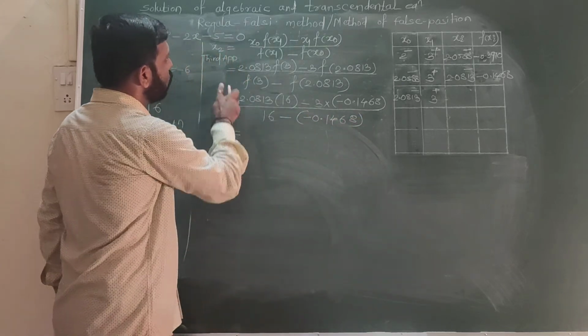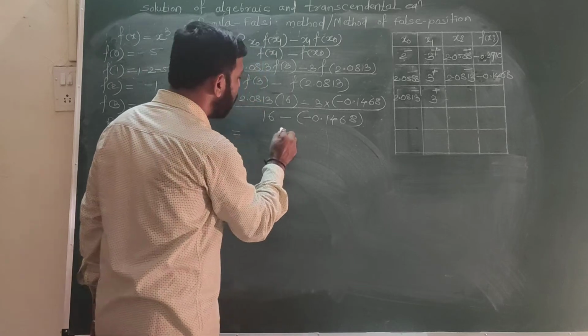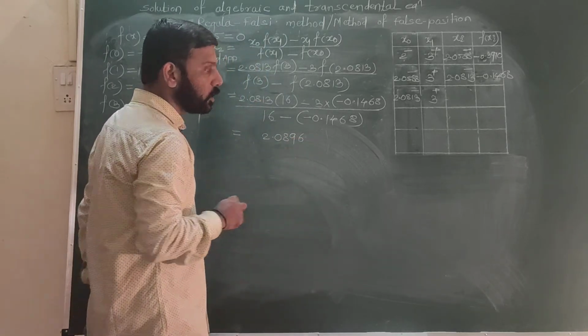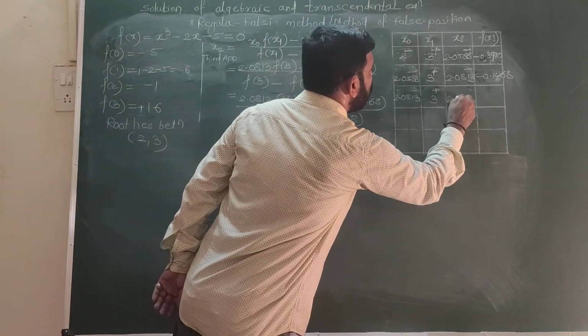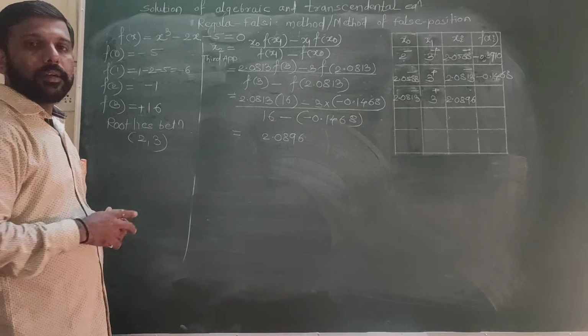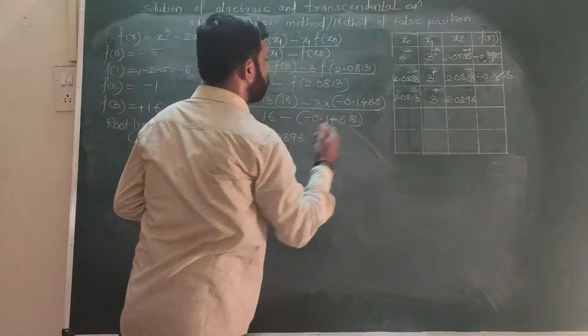The calculation for the third approximation gives 2.0896. Again we require the sign for this expression.